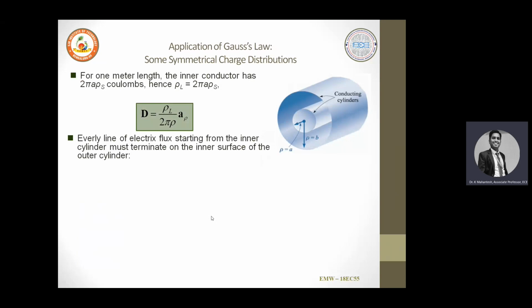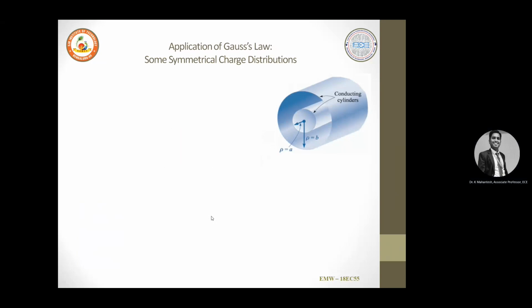Every line of electric flux starting from the inner cylinder must terminate on the inner surface of the outer cylinder. Therefore, the total charge on the outer cylinder will be minus 2 pi a L rho s due to the inner cylinder, which we obtained previously.